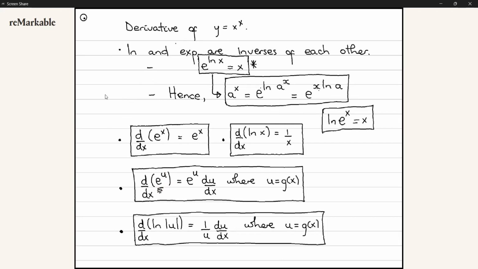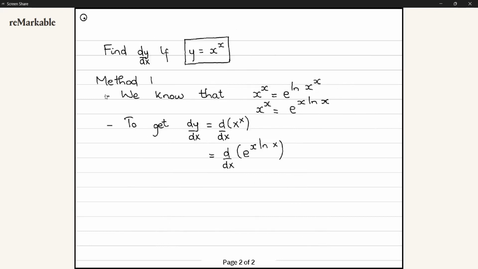So what I'm going to get is that I'll have e to the power x natural log of x, and then the next thing to do is that I have to differentiate the function on top as well with respect to x.